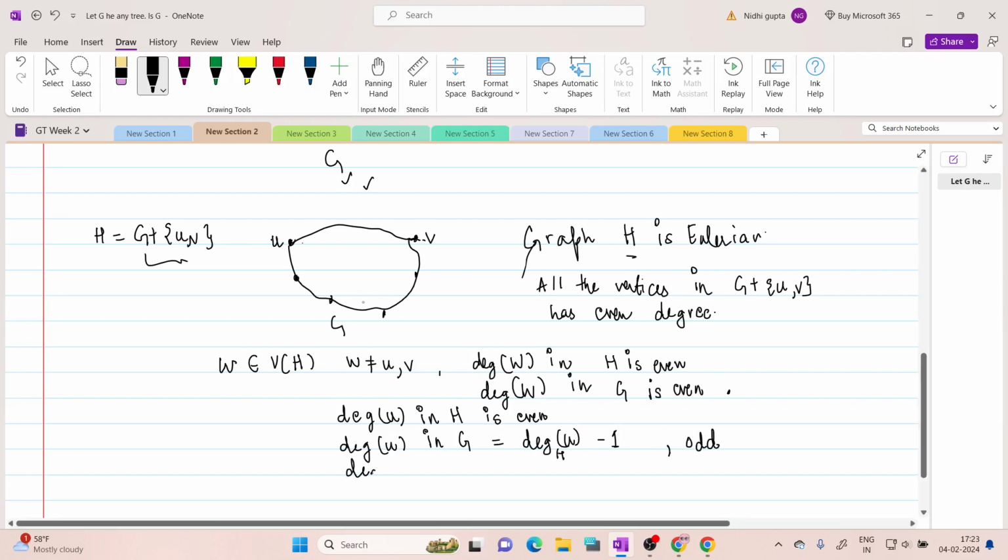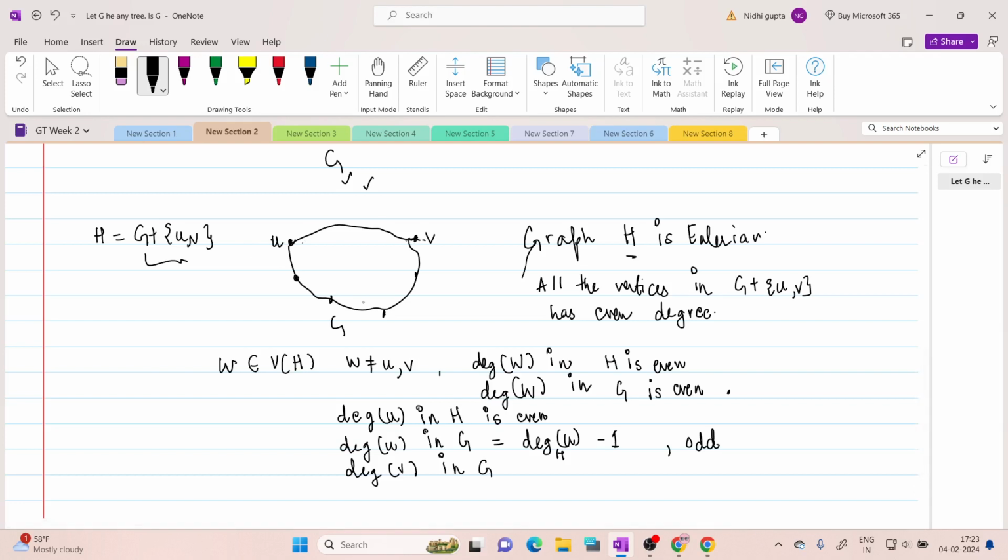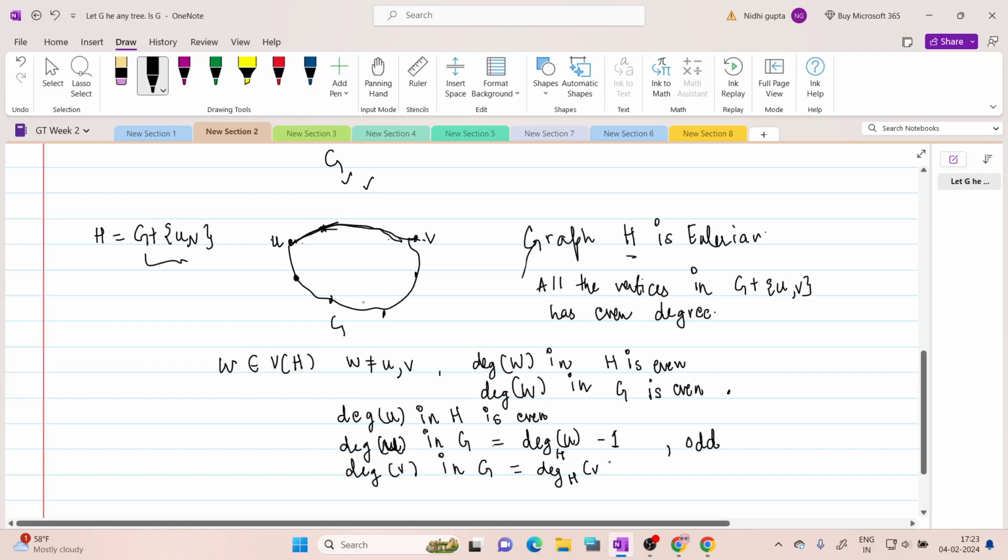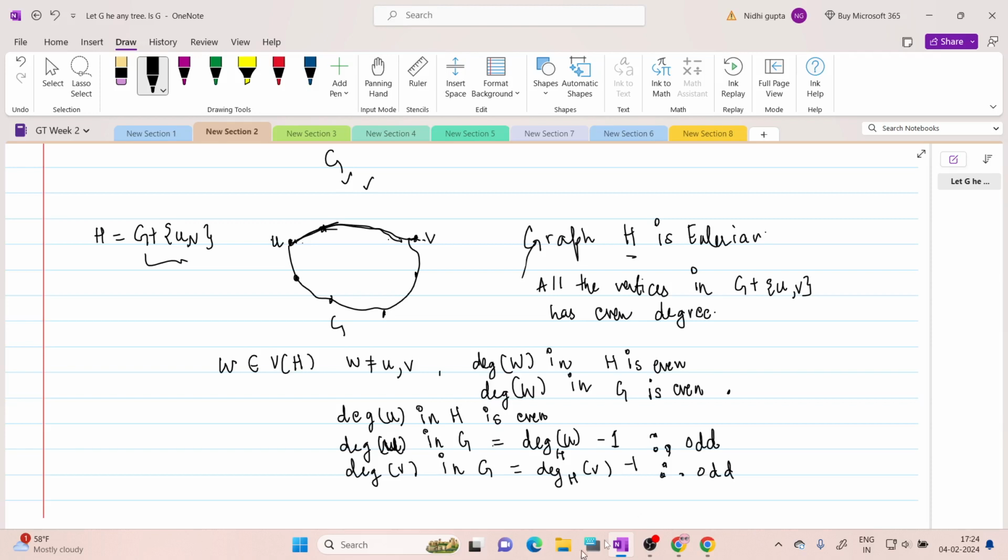And similarly for V, because in the new graph we have only added one edge, the degree corresponding to this edge is not counted in our original graph. Therefore the degree of U in G will be the degree of U in H minus 1, and similarly the degree of V is odd. So how many odd vertices do we get? Two.